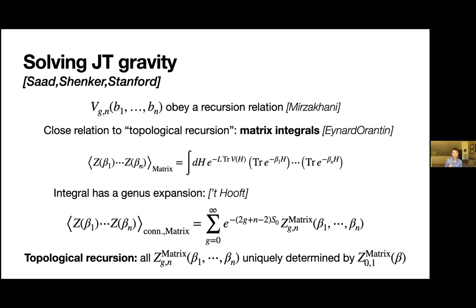So in particular, the genus 0, 1 boundary amplitude. That is the disk. So once you have the disk, you turn the handle and you get everything else. And the same is true for these Weil-Petersson volumes. There's a particular input, and then there's a recursion relation that you turn the crank on, and that spits out all the volumes for any genus and any number of boundaries.